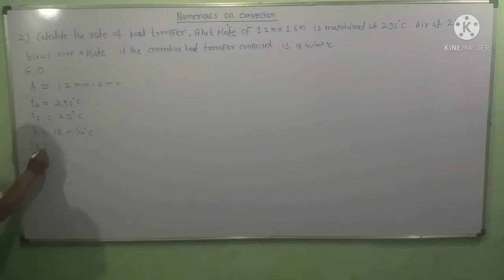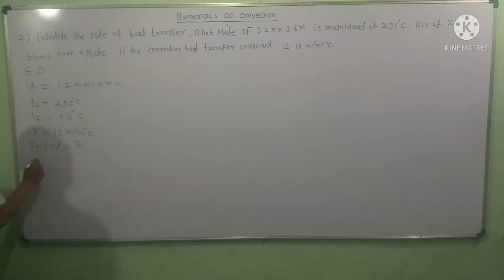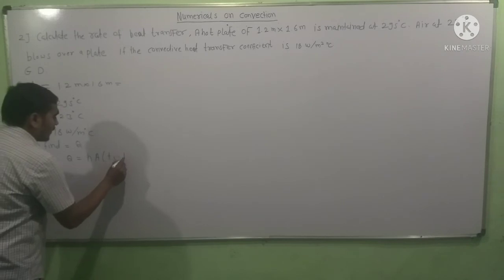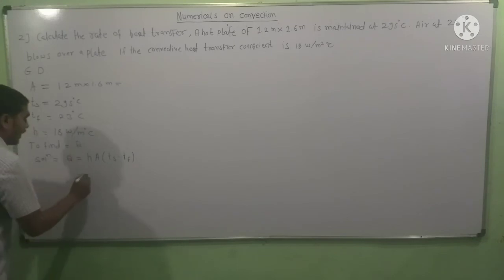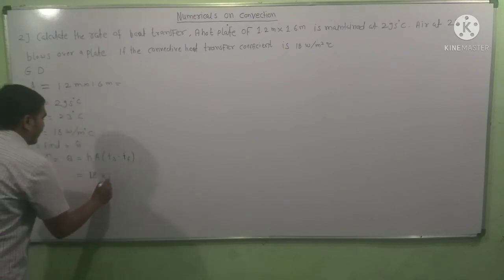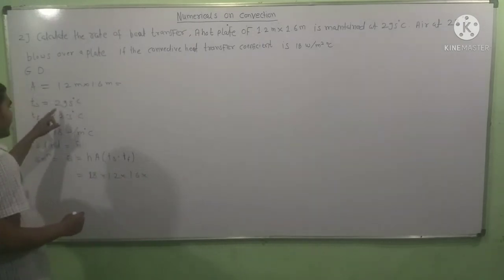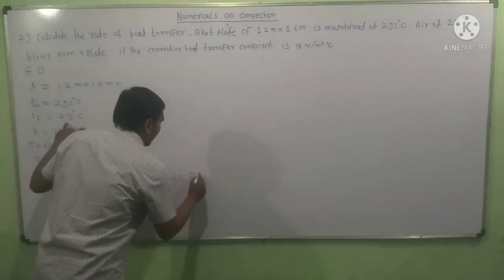To find the rate of heat transfer in convection, we have to find Q. Solution: rate of heat transfer in convection Q equals h into A into (surface temperature minus fluid temperature). h is 18, area of the plate is 1.2 into 1.6, into 295 minus 23.